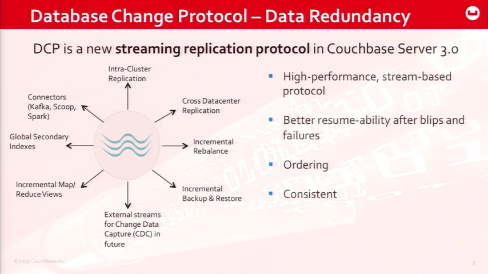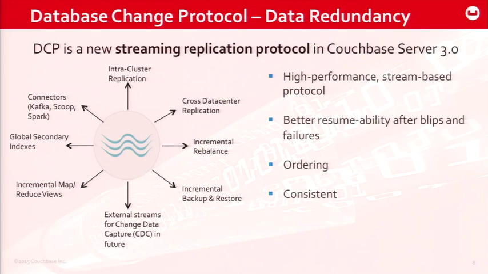In the entire system, DCP is the heartline for all the downstream components. All the other components of Couchbase, for example intra-cluster replication, cross-data center replication, backup restore, and the new stuff we added in 4.0, which is global secondary indexes and connectors, are all consumers of DCP, right? So DCP is kind of a bloodline for the whole system.